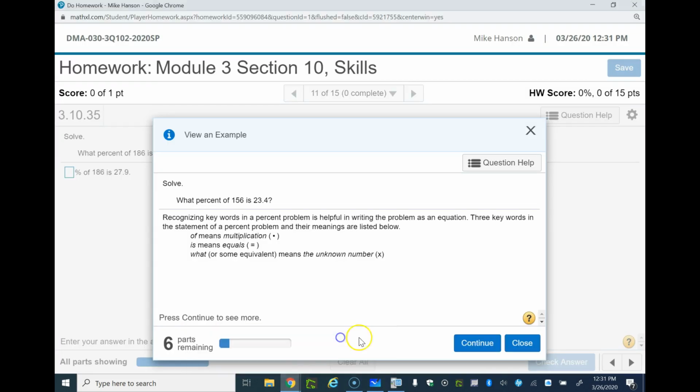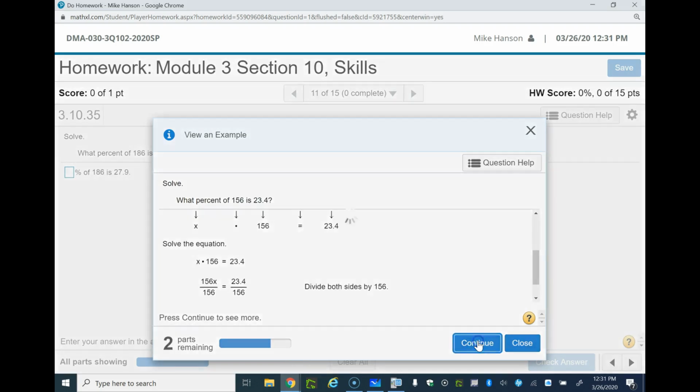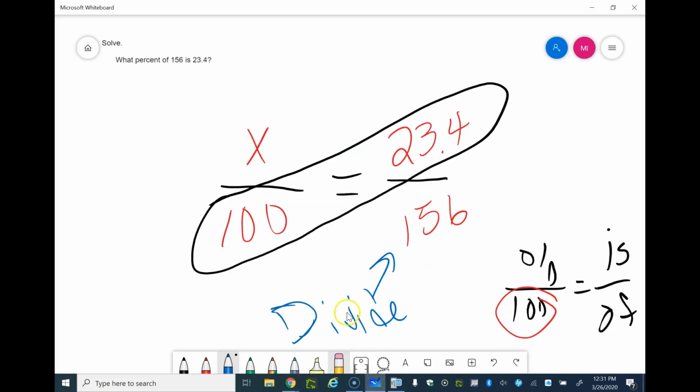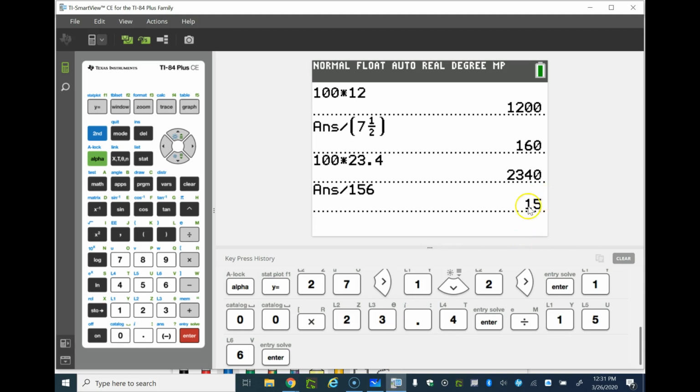Let's go back and check. And we get 15%. And notice for this one, when you're using the method of the is over of format, you don't have to worry about multiplying it or changing it back to a decimal, anything like that. Like the example explains, it already produces the 15 for you exactly in the calculator.